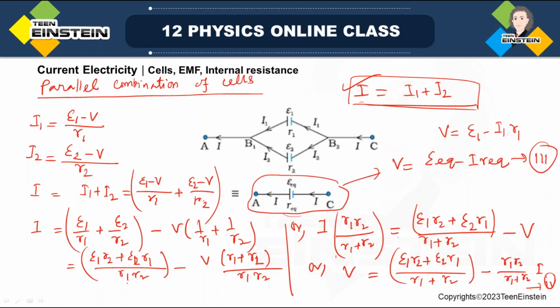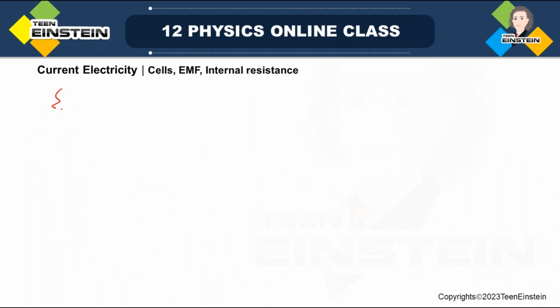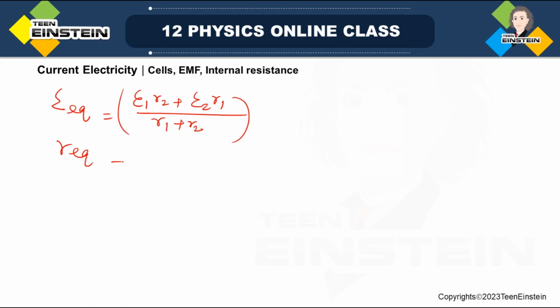So if I compare 3 and 4, E equivalent we are going to get is E1 R2 plus E2 R1 divided by R1 plus R2, and R equivalent will be obtained as R1 R2 divided by R1 plus R2.